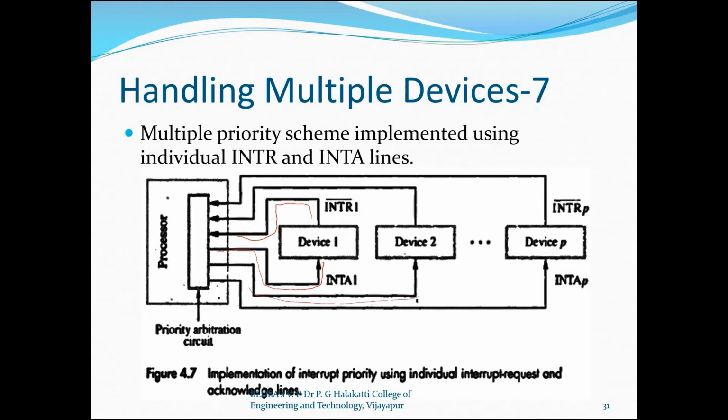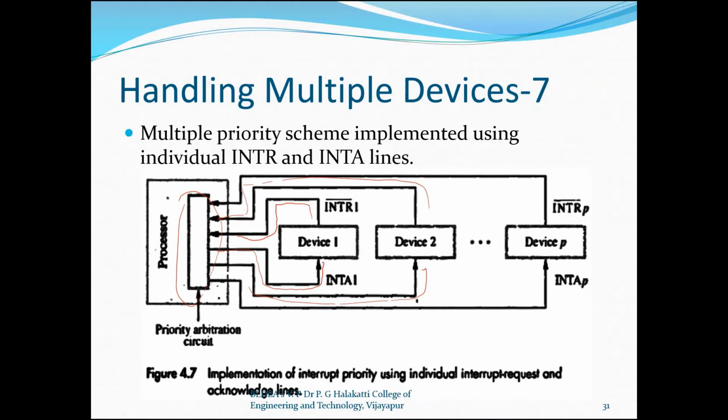All these devices' interrupt request lines will be connected to the priority arbitration circuit that is situated inside the processor. Now this priority arbitration circuit will find the priority of the devices that are connected, and depending on the priority it will acknowledge that particular device. So this is how multiple interrupts are handled.